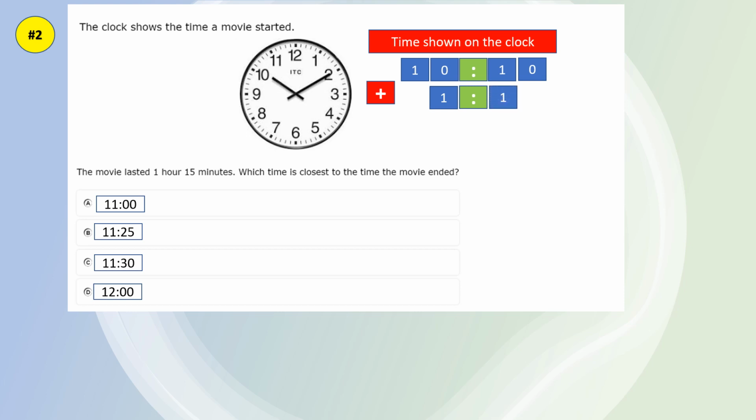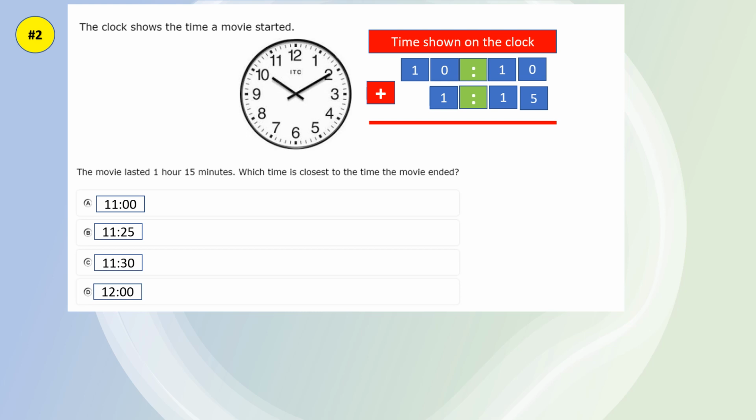So we're going to write 15 on the minute side. So we're adding 1 hour and 15 minutes. And we draw our little total line here. So I want you to write the same thing that I write and make sure to keep your numbers lined up. You can treat time just like any other number, as long as you keep your numbers lined up to where the place values are in their correct locations, then it will be fine.